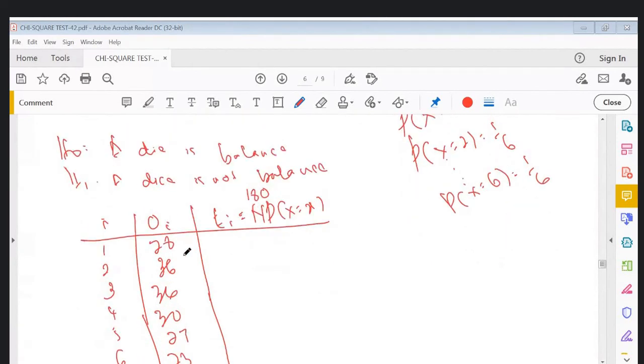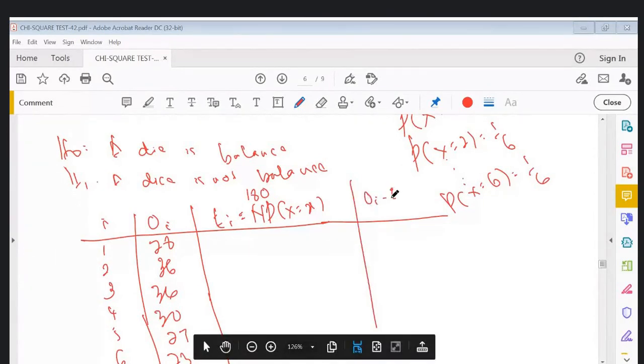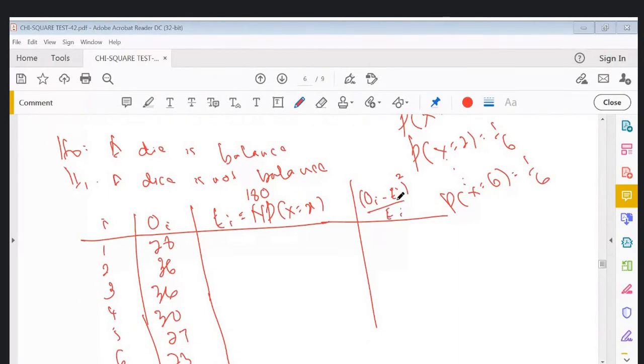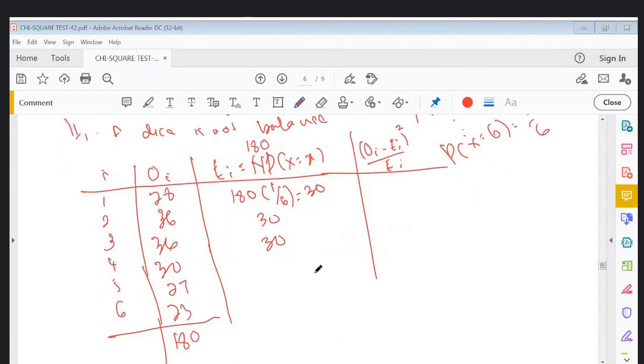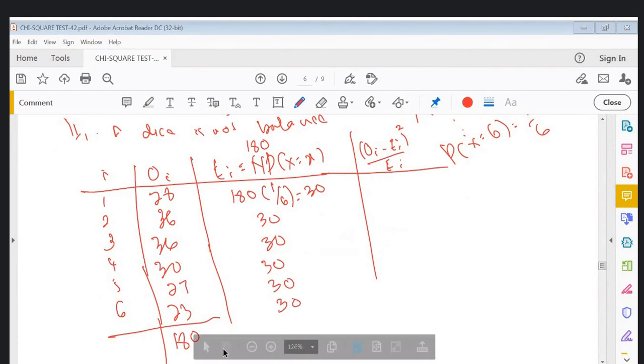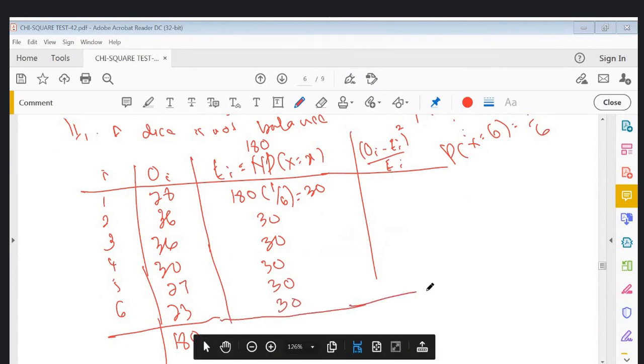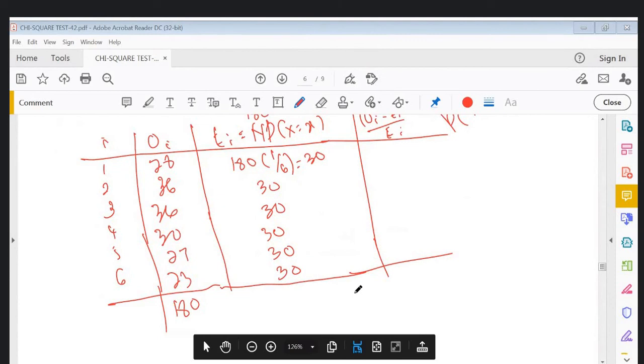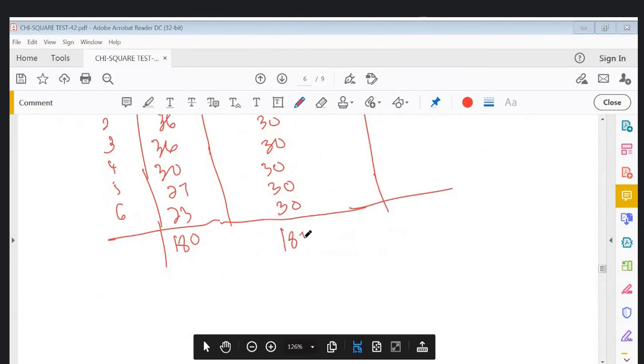Oi minus Ei squared divided by Ei. N is 180 times 1 over 6, we get 30. All of them are 30. The total must be the same; if you total, it is 180.